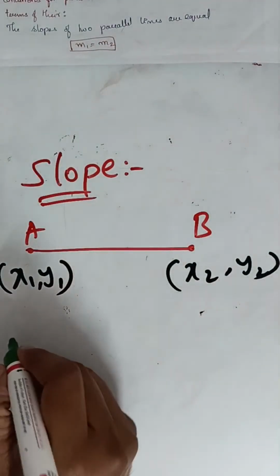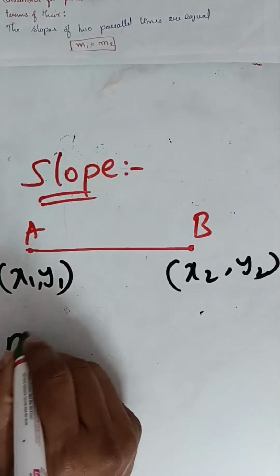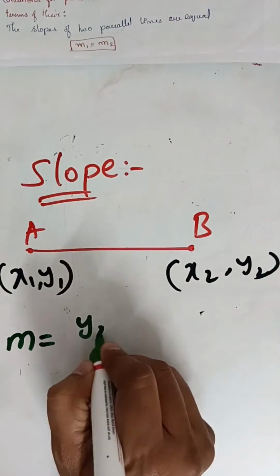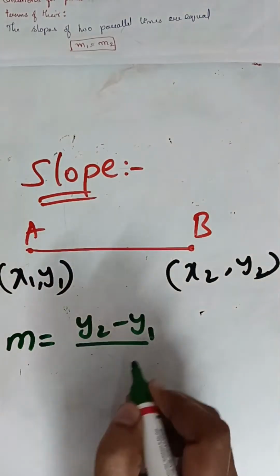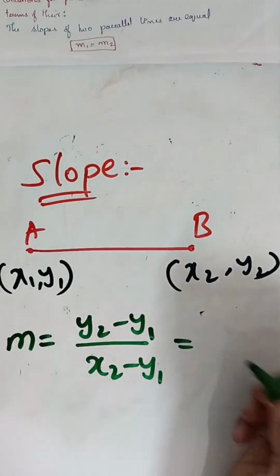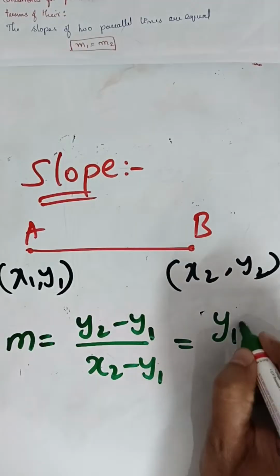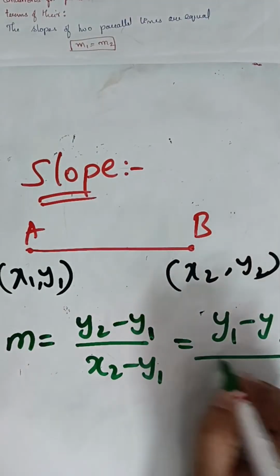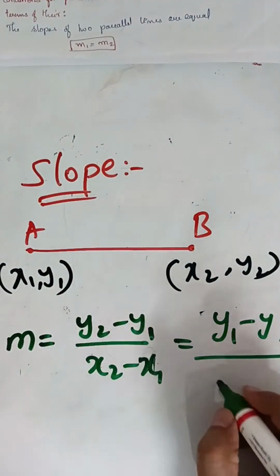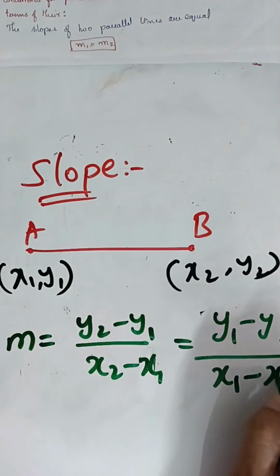The formula of slope, and slope is denoted by small m, is y2 minus y1 over x2 minus x1, or else you can use y1 minus y2 over x1 minus x2.